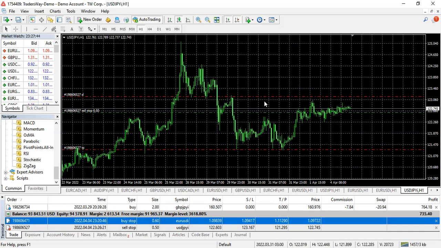Let me know if you understand the position sizing. If you have any question on position sizing, let me know before we move to stop loss.